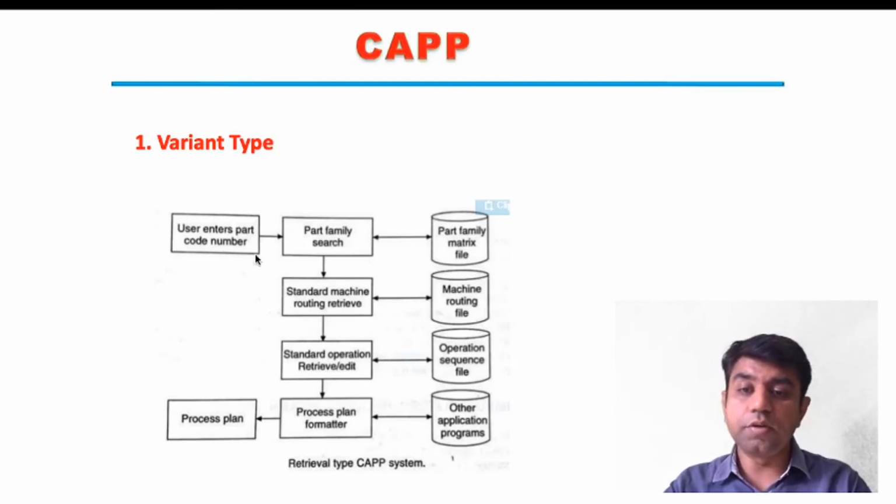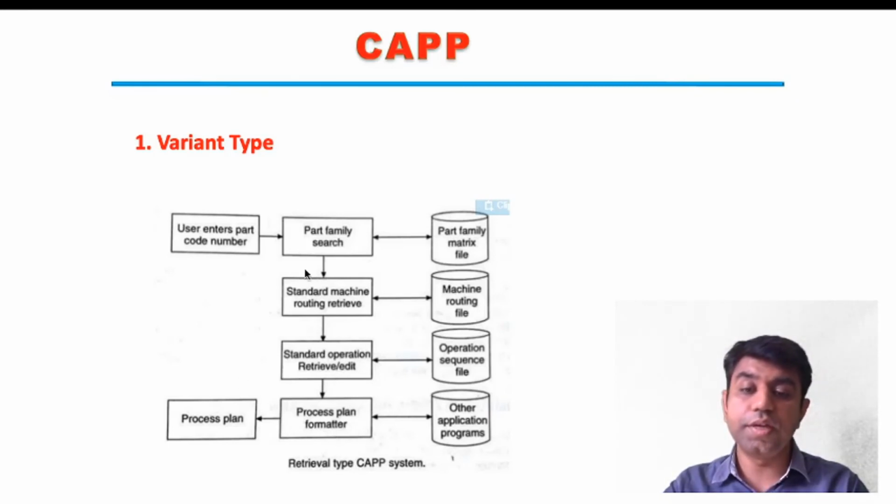You are given one particular code, right? And the code details will be fed to the computer. So what will happen is, if you mention the code, then it will identify which particular part family it belongs to. The machine will identify that. It will decide from the library of the particular manufacturing machine cell which machines are required, and later on, which kind of operations are required to be performed on that machine, and accordingly it will form the process plan.